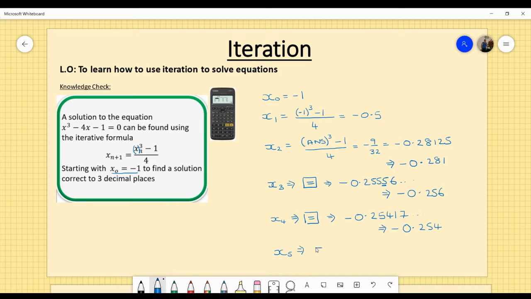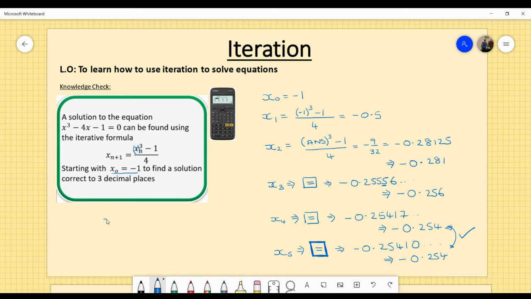At this point, again, just hit your equals button, and you should get -0.25410, etc. Round this one to 3 decimal places, and we have -0.254, and these two are both the same.